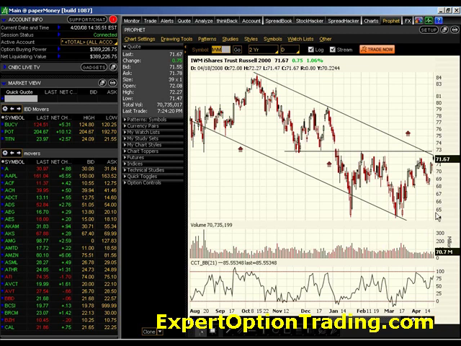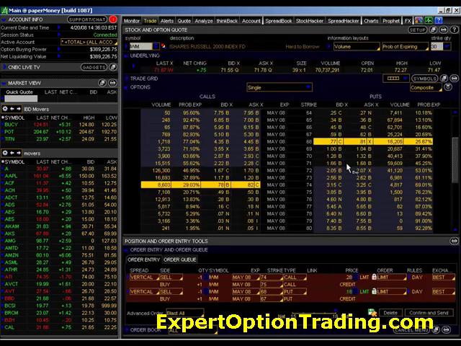So, we don't try to predict price, but we do try to get a feel for where it is at the time. And that somewhat gives us some sort of indication of how we should be placing our trades. If we think there's a little more risk to the downside, well, instead of choosing the 68 puts to sell, maybe we'll go down and choose the 68 puts to sell. So it gives us a little bit more room on the downside.